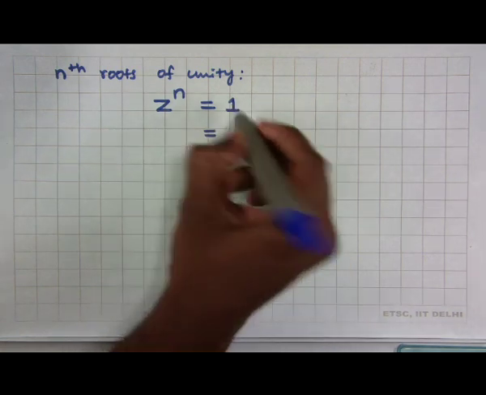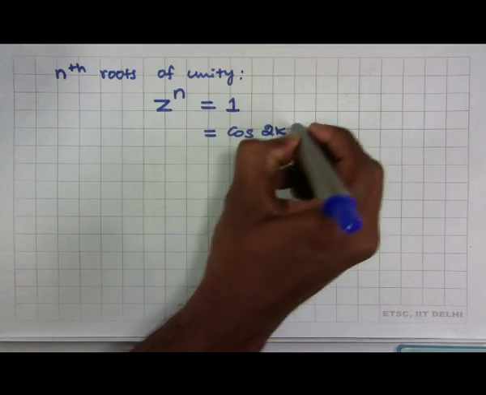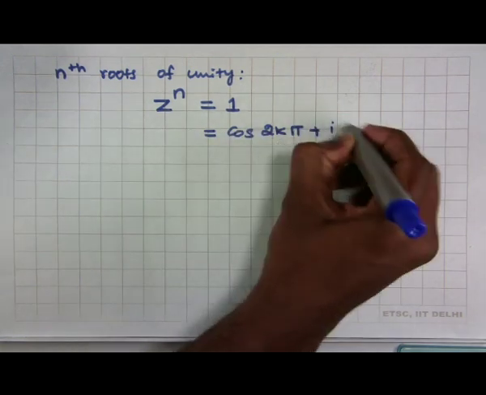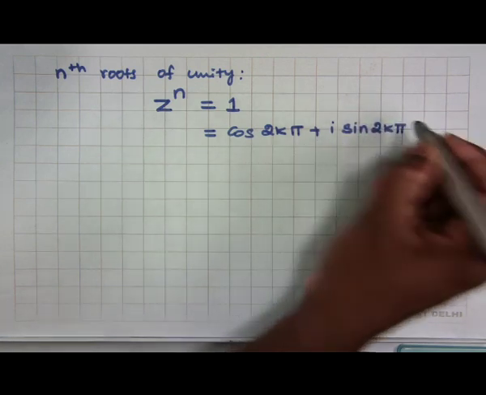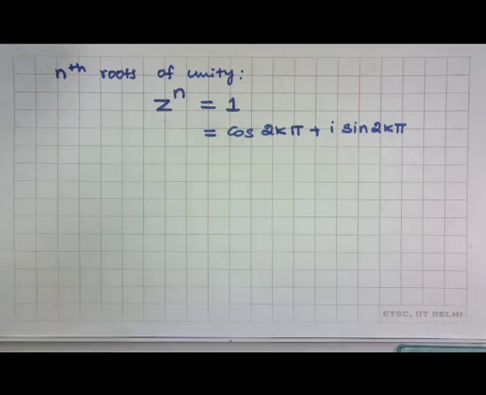The 1 can be written as cos 2k pi plus I sin 2k pi. Before going to this, let me add some more comment to the previous slide.